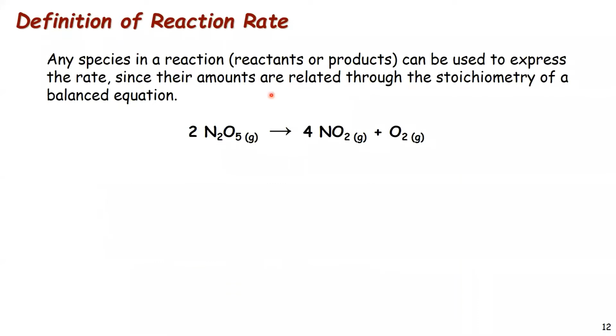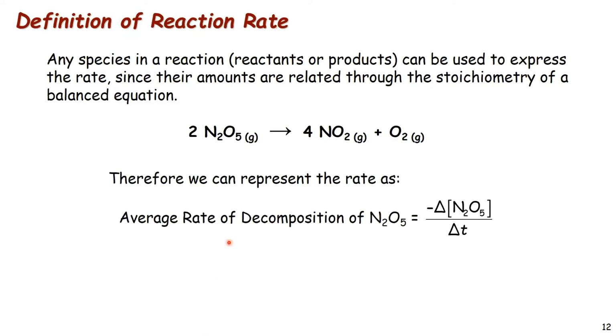Okay, so any species, reactants or products, can be used to express the rate since their amounts are related through the stoichiometry, right? Through the coefficients in the balanced chemical equation. So I know that the average rate of decomposition, so the loss of N2O5, is going to be the change in N2O5 with respect to time. However, rates always are positive values.